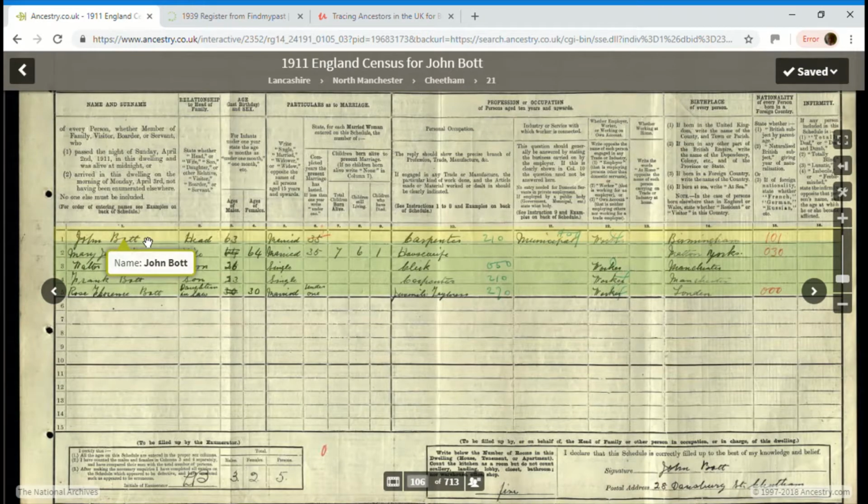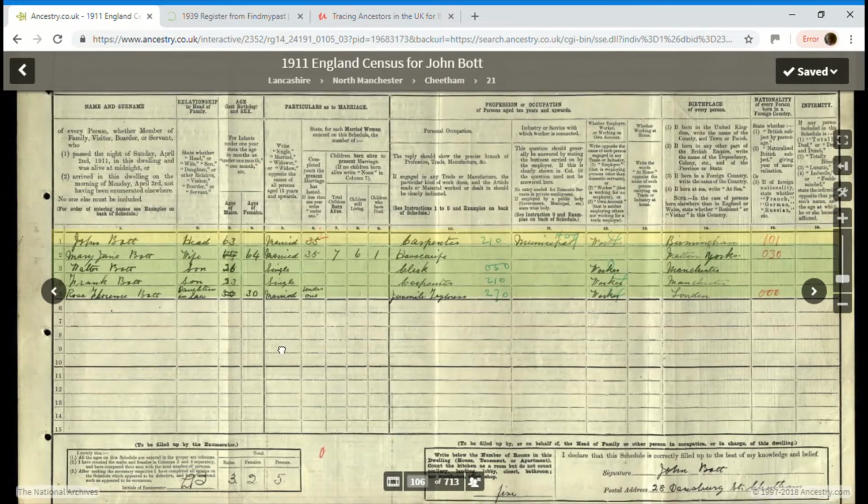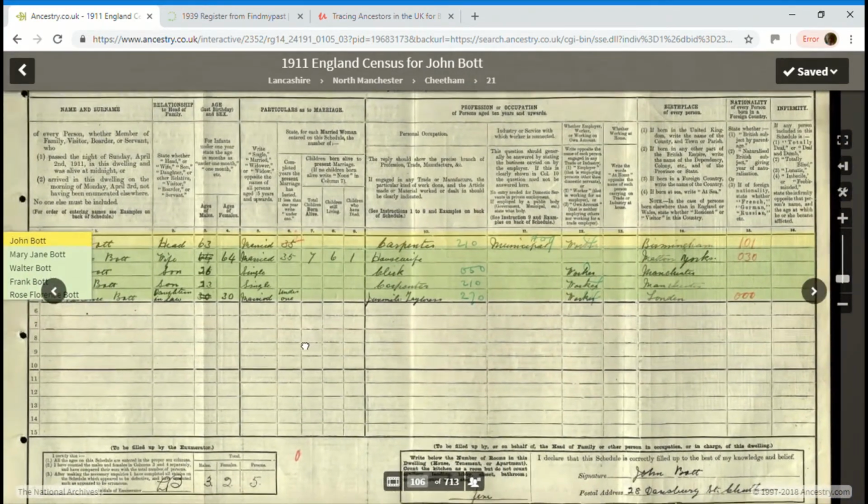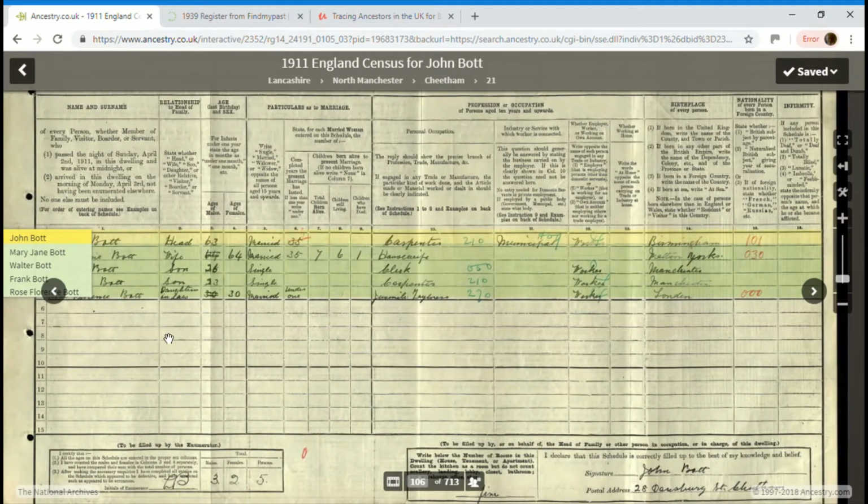It's usually the husband, or if a wife has been widowed, then it'll be the wife, or widowed wife, whatever. So Mary Jane is his wife, Walter Bott is his son, Frank Bott is his son, and daughter-in-law. That's all straightforward. There are occasionally errors in these records, as we might see later on.